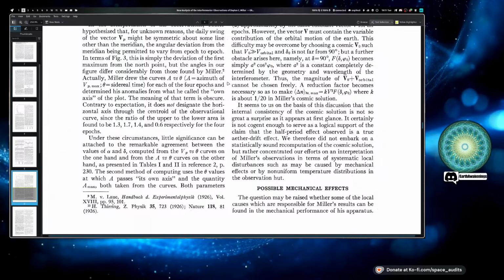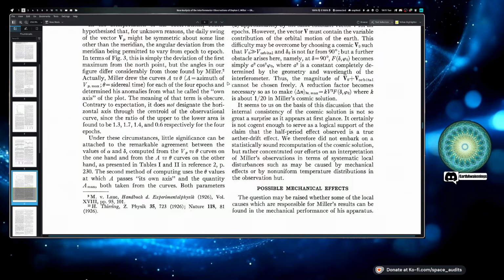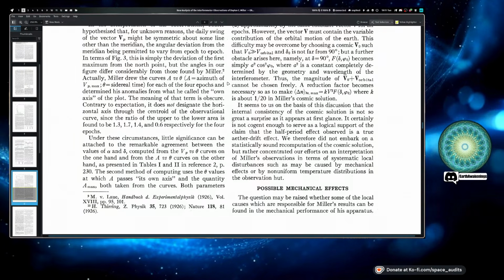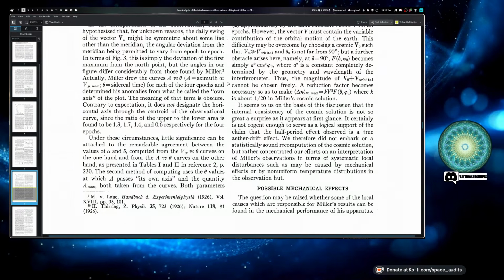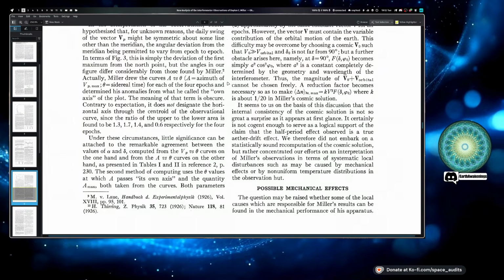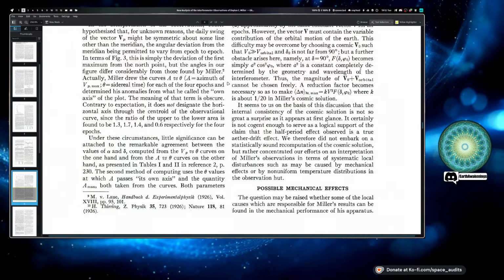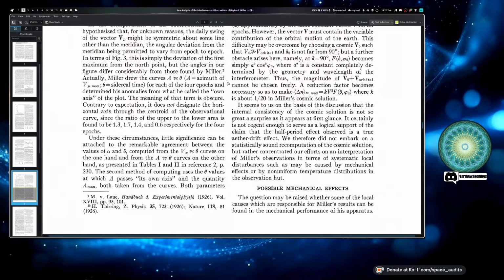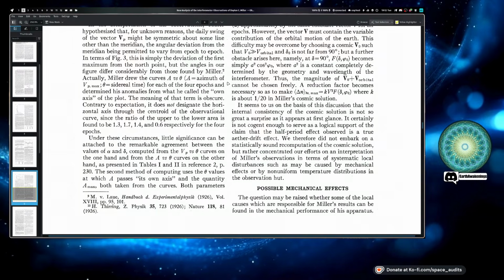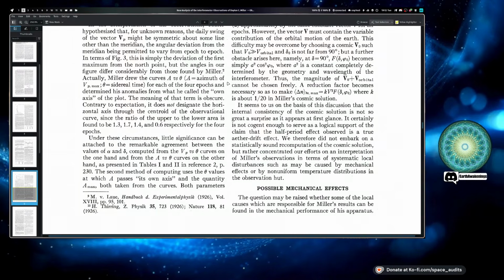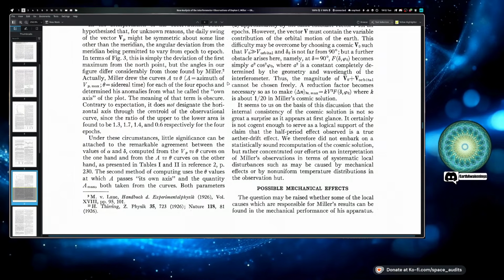It seems to us that the basis of the discussion, that the internal consistency of the cosmic solution, is not so great to surprise as it appears at first glance. It certainly is not cogent enough to serve as a logical support for the claim that the half-period effect observed is a true ether drift effect.